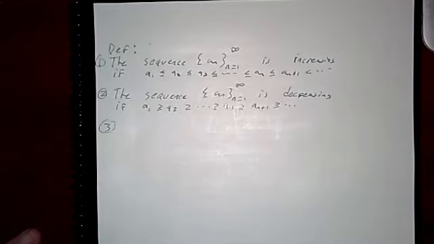If a sequence is increasing or decreasing, it is called monotonic.